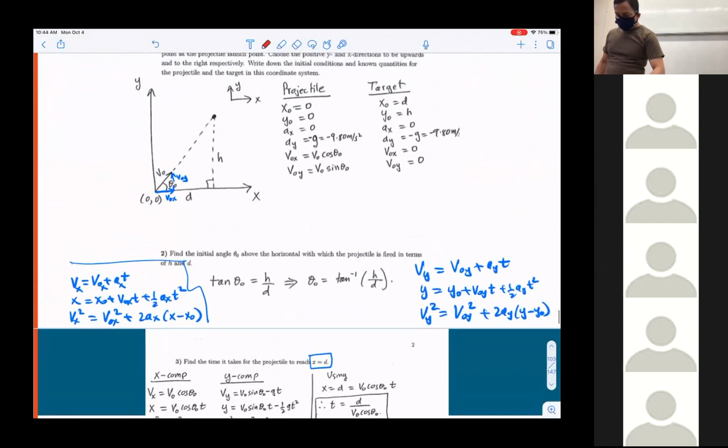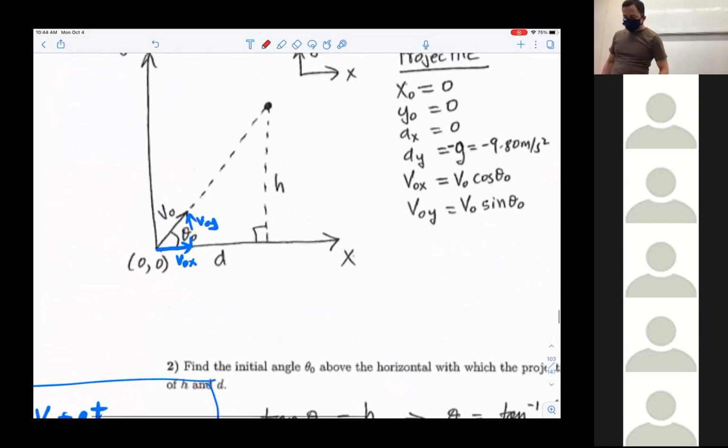Well, let me ask the following. Imagine if we turn off gravity. We're in outer space and we set g equaling to 0, there is no gravity. And you're launching a projectile, you want to hit the target. How are you going to aim it? Anyone?